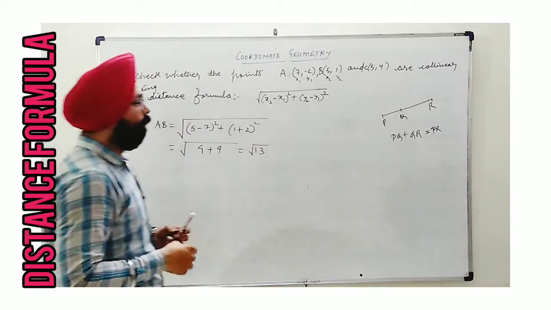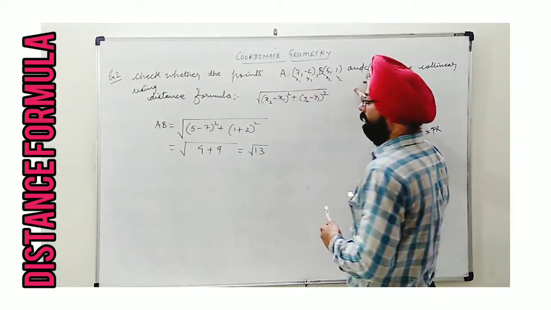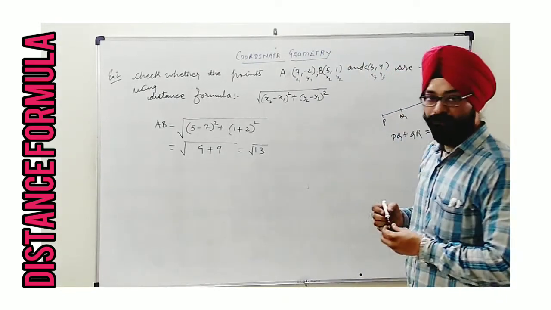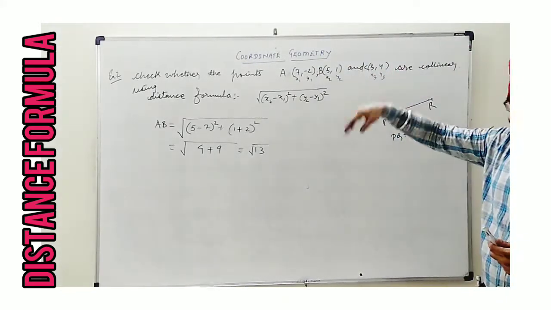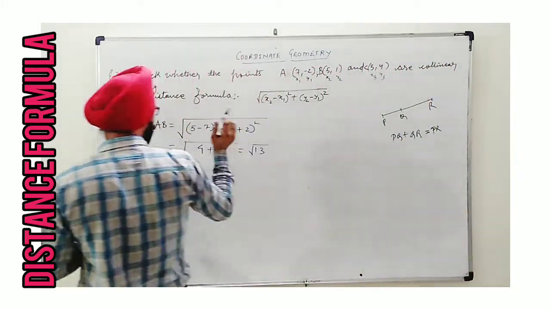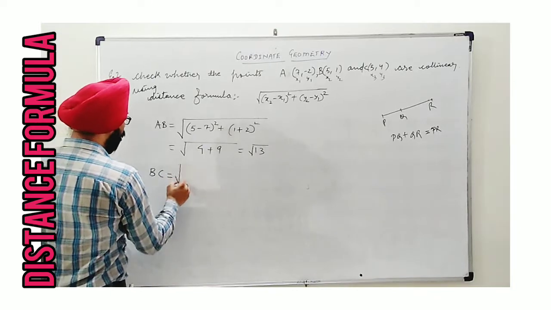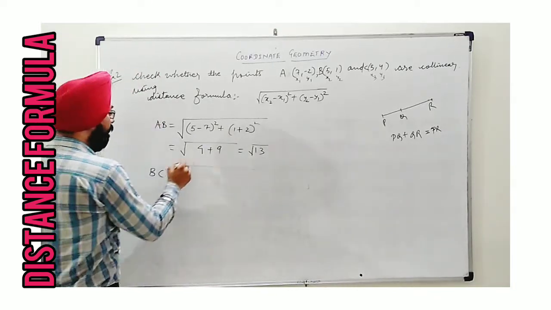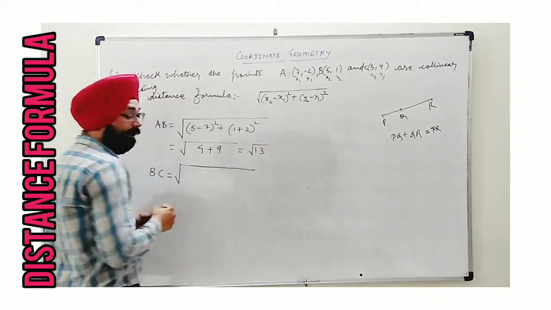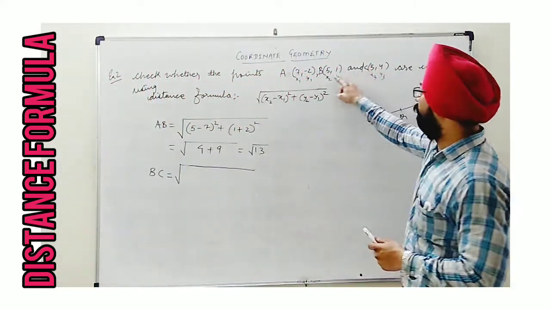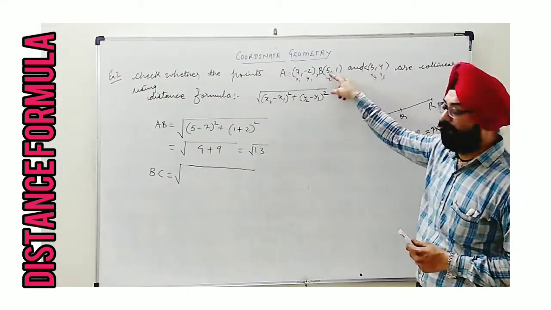Now when we come to B and C, here you can take this to be x3, y3, just to make it separate from other points. So directly using the distance formula, distance BC will be equal to, now here we have to take the difference. That's why in the beginning I said, this terminology you should keep in mind. We will take the difference between the two first values, 3 and 5.